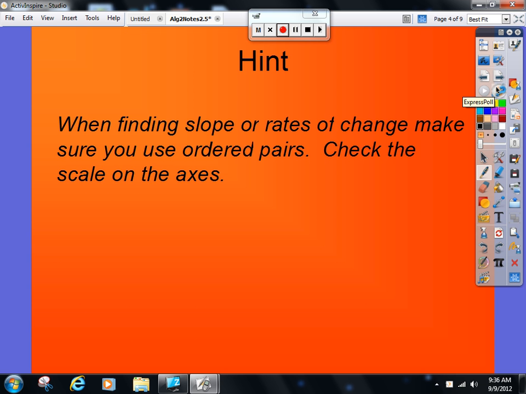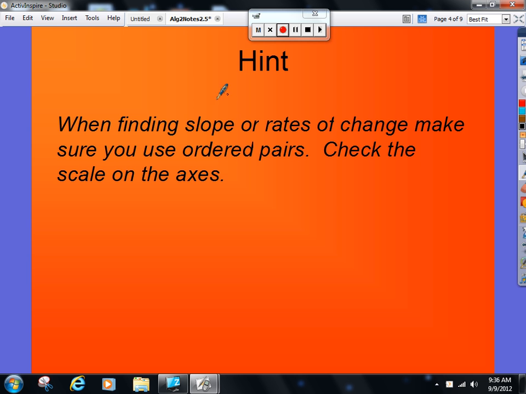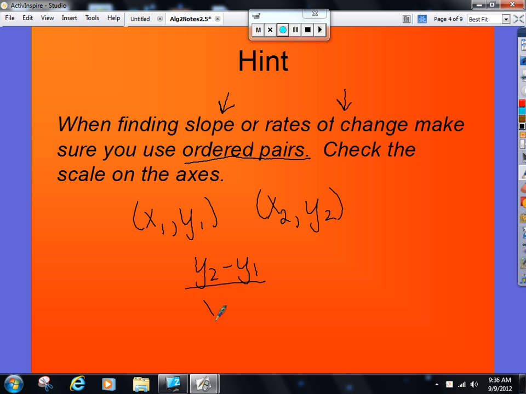And here's your hint. When you find slope or rate of change, make sure you use ordered pairs. The process of finding slope and any rate of change is the exact same. You find 2 ordered pairs, and then you use your formula, which you guys call the slope formula. I almost wish they would call it the rate of change formula when they teach this to you. y2 minus y1 over x2 minus x1.